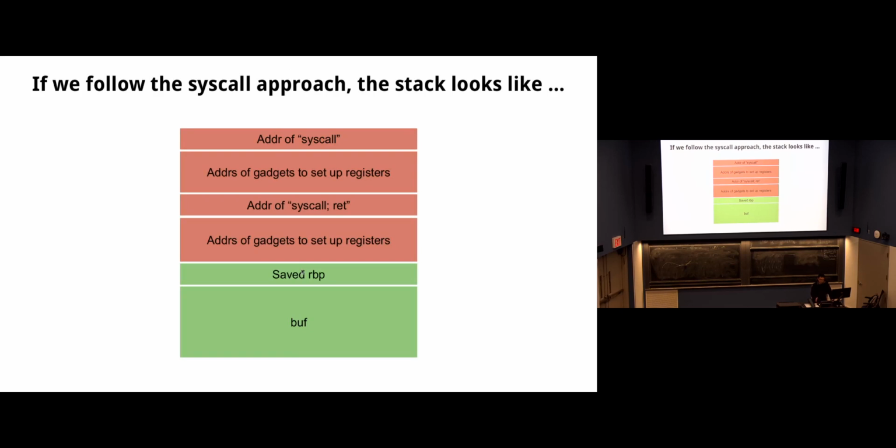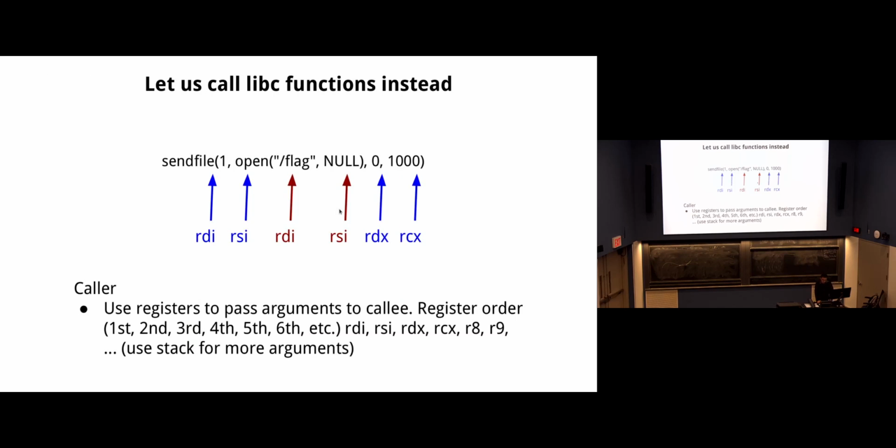So imagine what the stack should look like if we do a ROP on this. It should be some gadgets to set up the registers. Then we make the system call. And we need to find gadgets like this, syscall return. Okay. Unfortunately, we're not going to find a gadget like this. So this approach will not work.